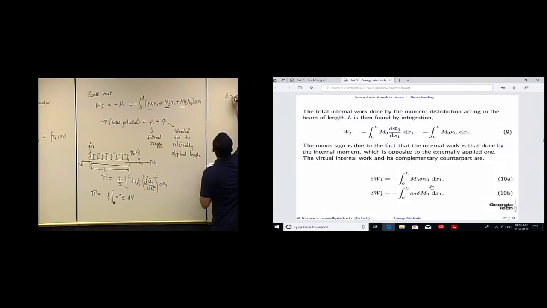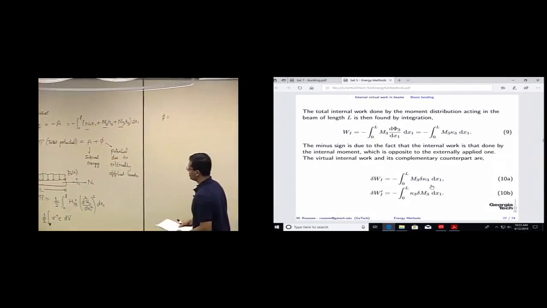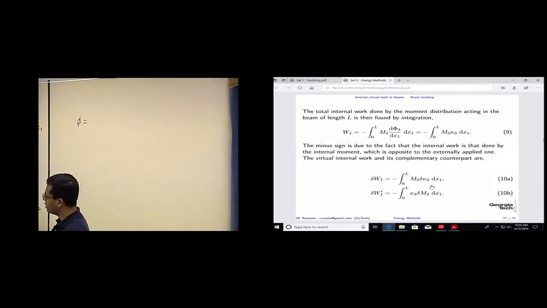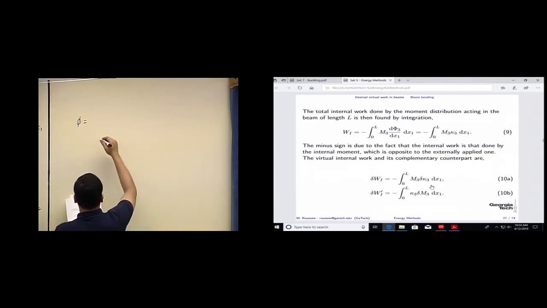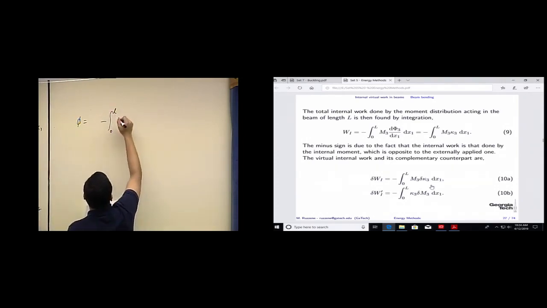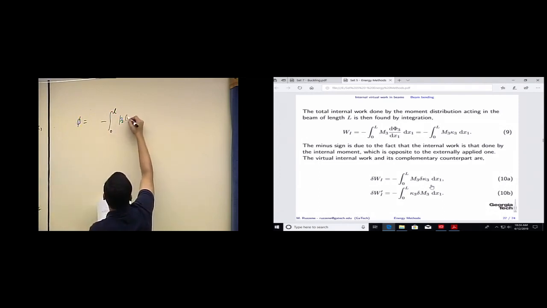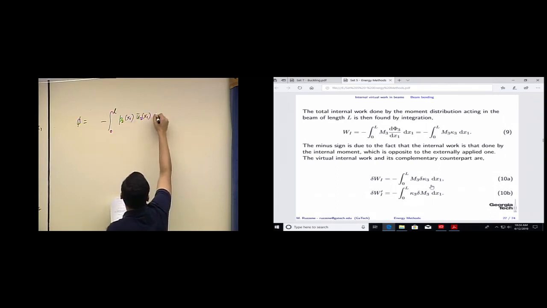Okay, now the external potential, the potential due to externally applied loads. So we have two loads, one is N1 and one is P2x1, right? N1 is the axially applied load, P2x1 is a distributed load. So due to P2, the potential is integration 0 to L because it's a distributed load, P2x1 times U2 x1 dx1.